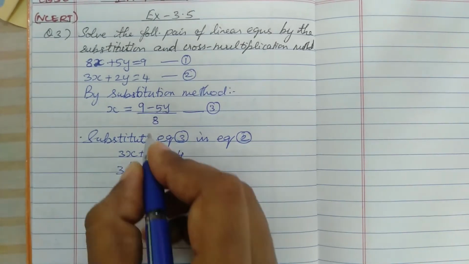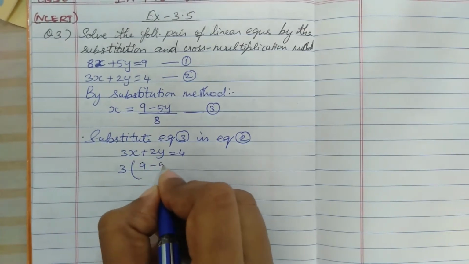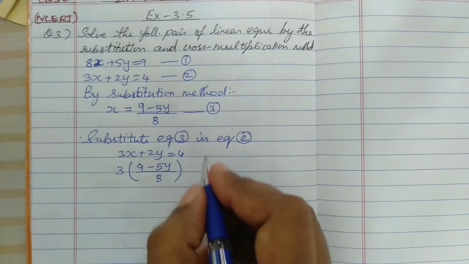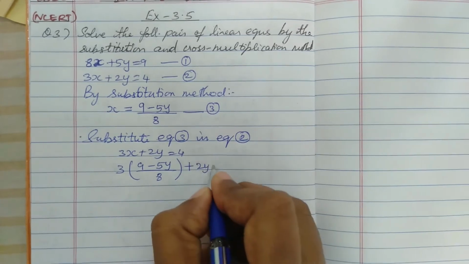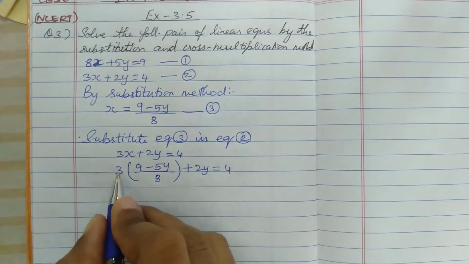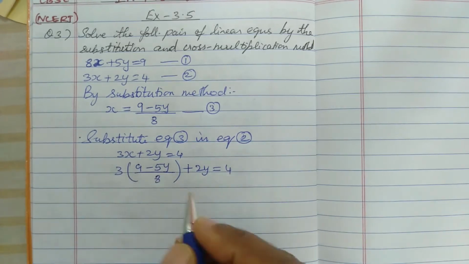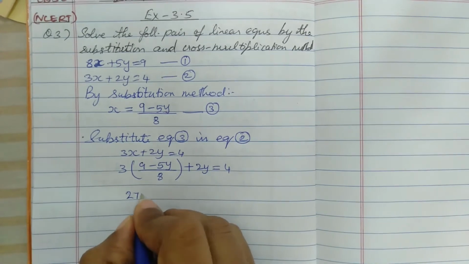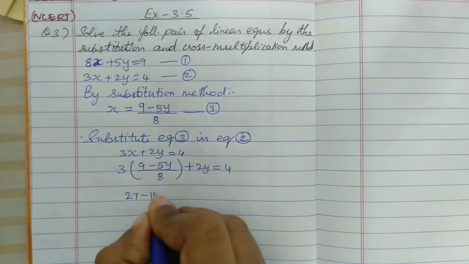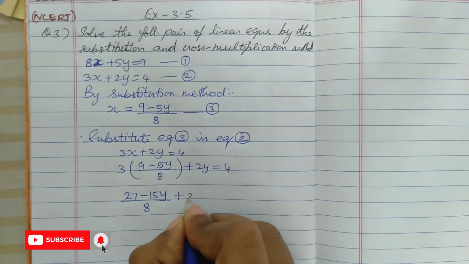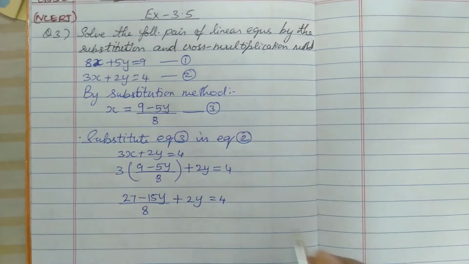So in place of x, let's write (9 minus 5y) by 8, and then plus 2y is equal to 4. Now let's multiply 3 with the numerator. So 3 nines are 27 minus 5 threes are 15y, by 8, plus 2y is equal to 4.